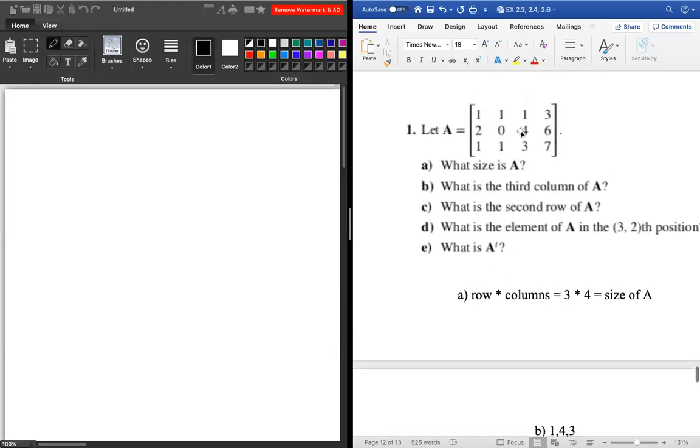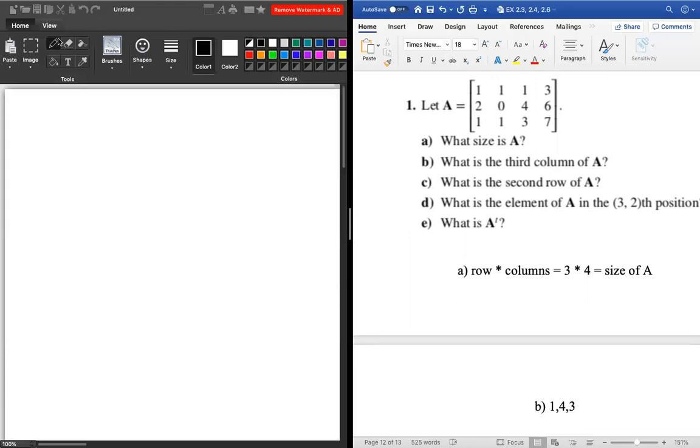You put brackets around it, and you will only have 1, 4, and 3, like I can show you here. So it will be 1, 4, and then 3.